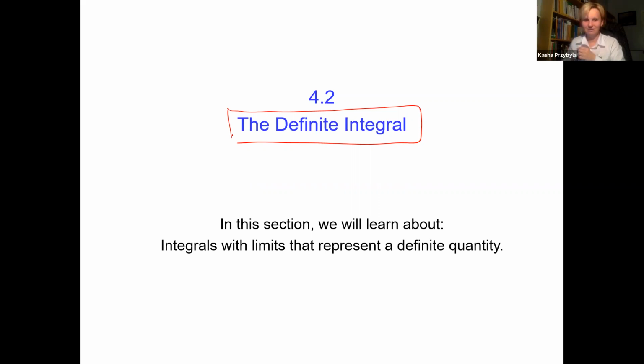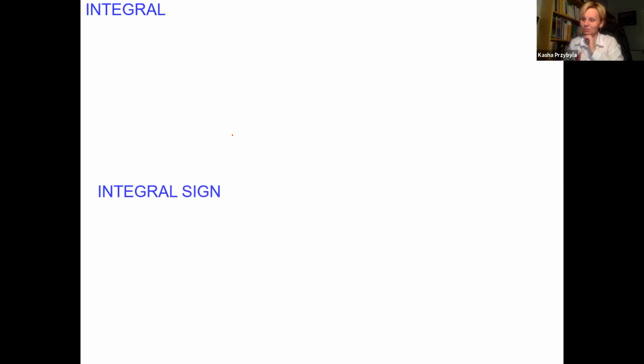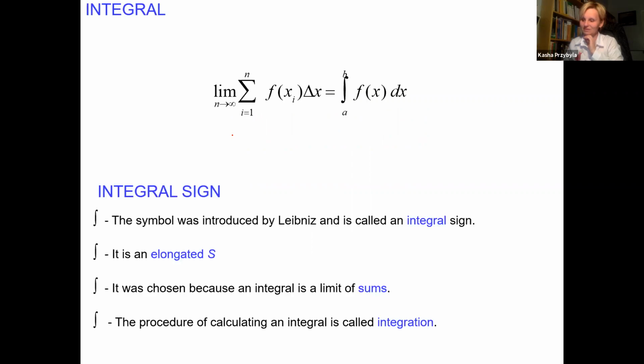Now let's match this with the definite integral. We know the limit of the sum, we know the value of the function is the height of the rectangle, and delta x is the base. Now the limit of the sum of the sigma will simply be replaced with the integral symbol.